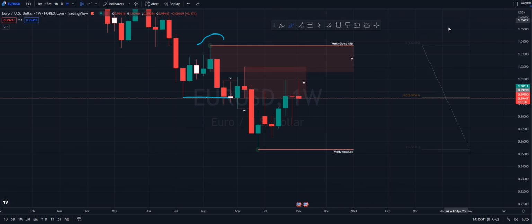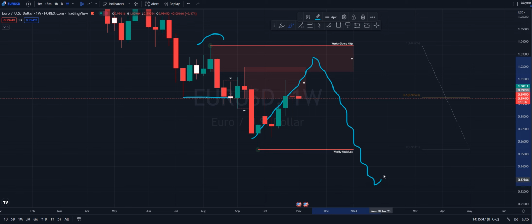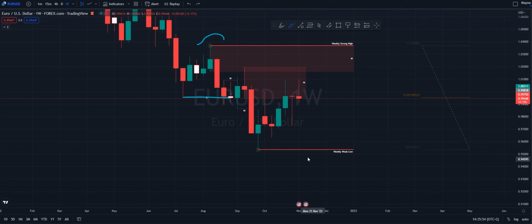So if price goes on to break this point, then we have essentially started a new bullish trend to the upside. However, at this point, I'm looking for price to pull back, come down to break structure to the downside, pull back again, and continue to break structure to the downside, and so on and so forth until a strong high is broken to suggest that price is switching trend to the upside.